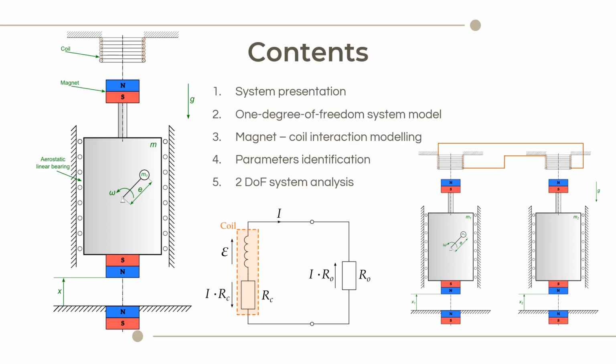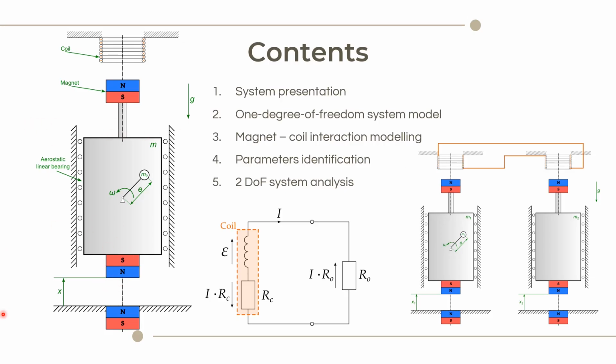The entire system consists of two identical oscillators electromagnetically connected by serial connection of coils. A single oscillator is shown on the left and is a vertically moving mass with the permanent magnets attached at the top and at the bottom.